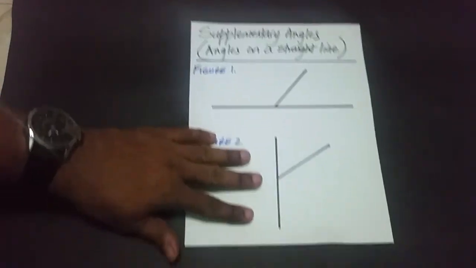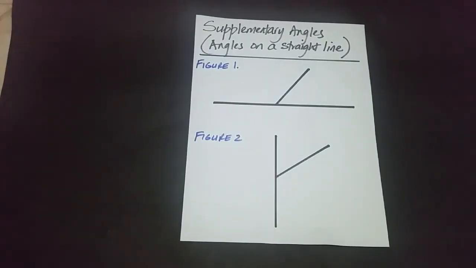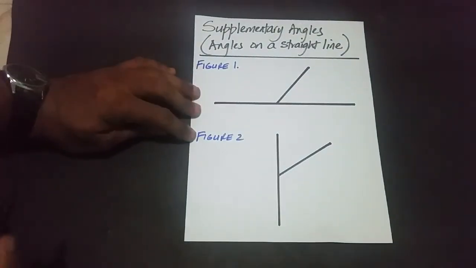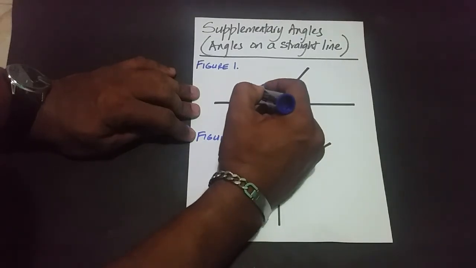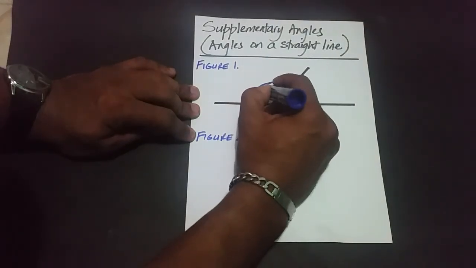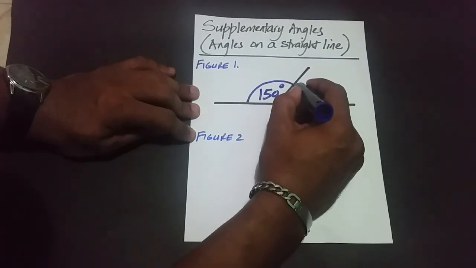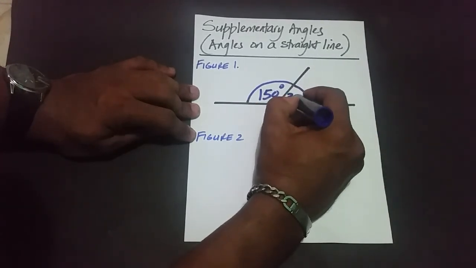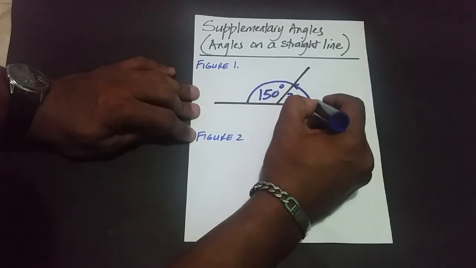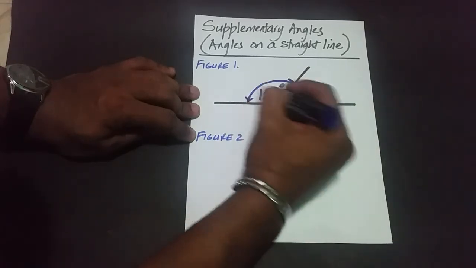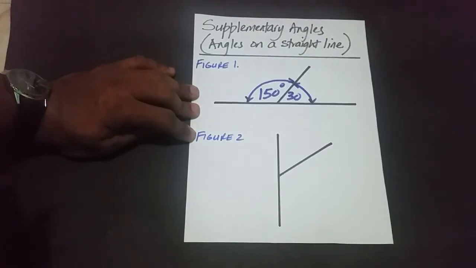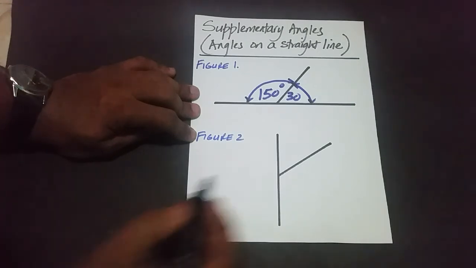All right, and here we have supplementary angles. And supplementary angles are what we call angles on a straight line. Very, very simple. So for example, if this angle here is 150 degrees, then this angle here would be 30 degrees, because the sum of angles on a straight line must always add to give you 180.